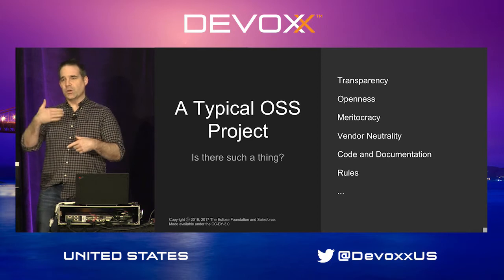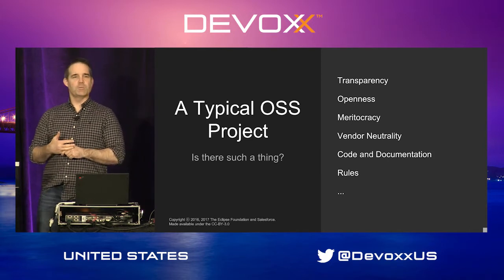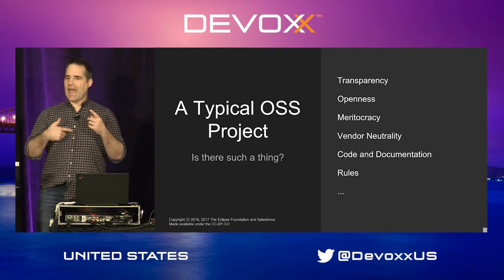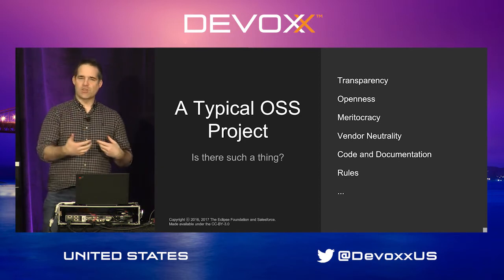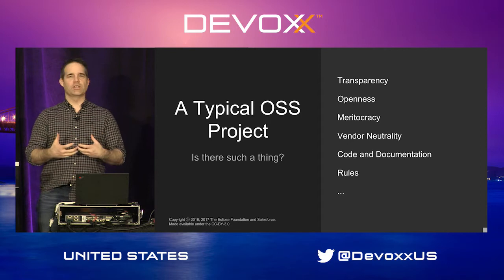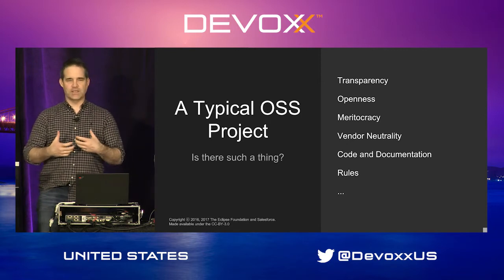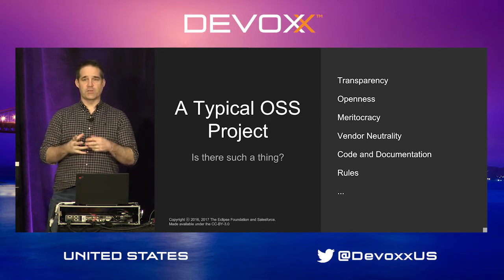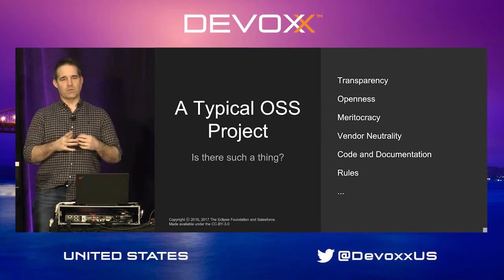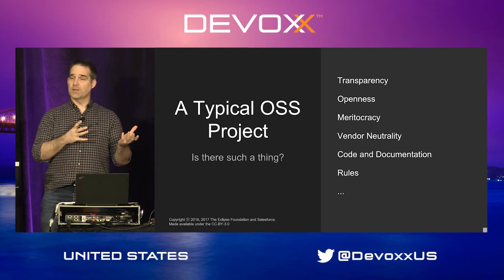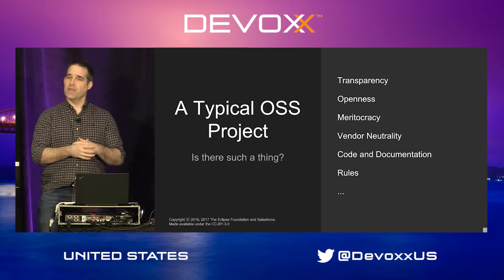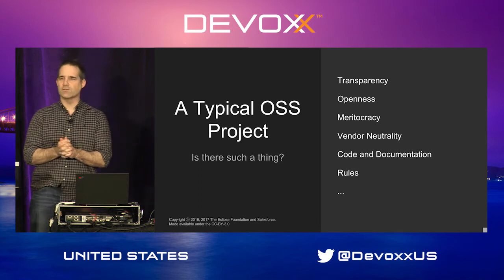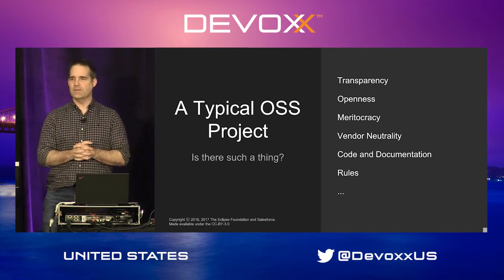This leads into meritocracy. When people show up to your project and actively participate, as they demonstrate that they know what they're doing and that they're adding value to the project and to the community, you give them more responsibility. So somebody shows up and contributes code, and after demonstrating over some period of time that they know what they're doing, you make them a committer so that they can write code directly into the repository themselves and work alongside the rest of the team members.